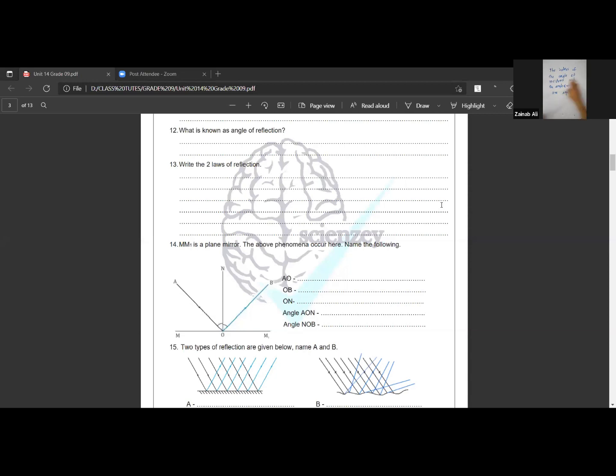Now I'll ask one by one. Can someone tell me what is AO in the 14th one? So they are telling us MM1 is a plane mirror. The above phenomena occur here. Name the following: AO. So let's ask the student who didn't answer. Alif Ahmed, can you tell me what is AO?